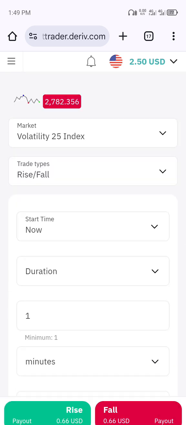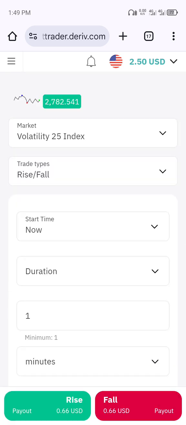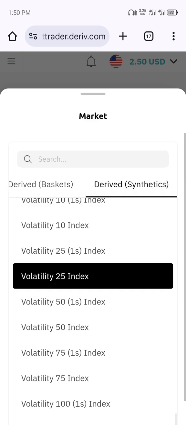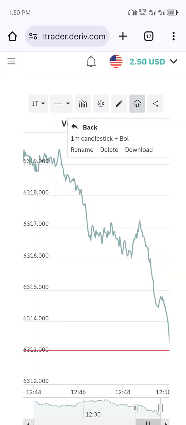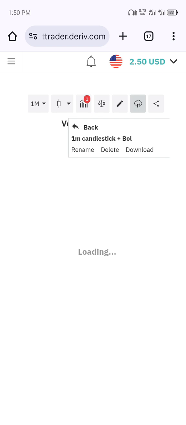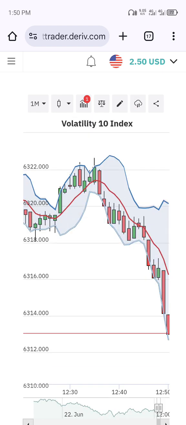I also check the mini chart here. I combine both the mini chart and the chart down there. I check another market. Oh, it seems to be selling too.